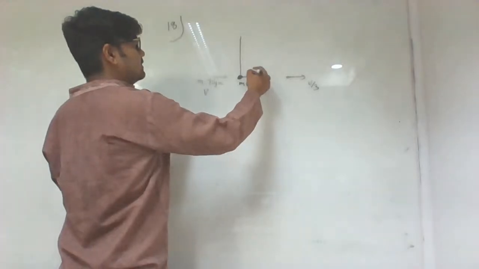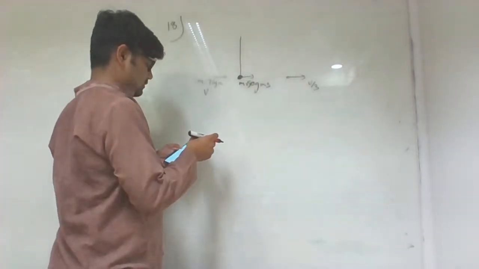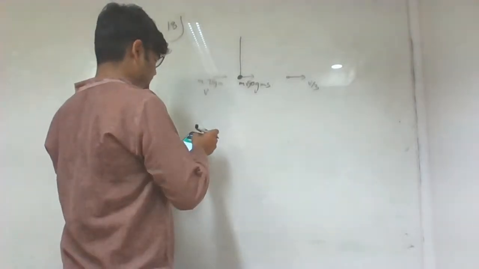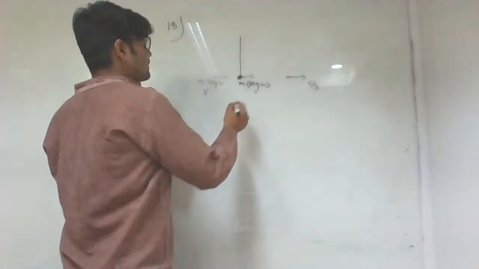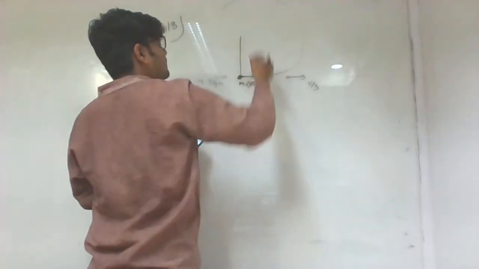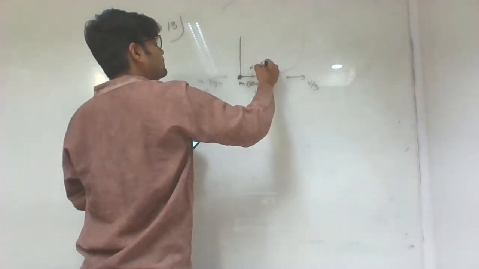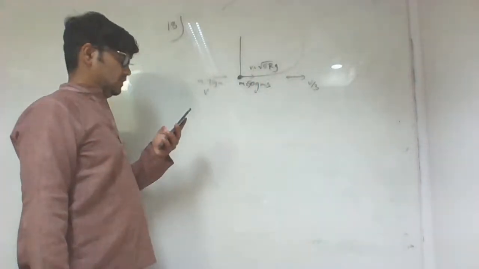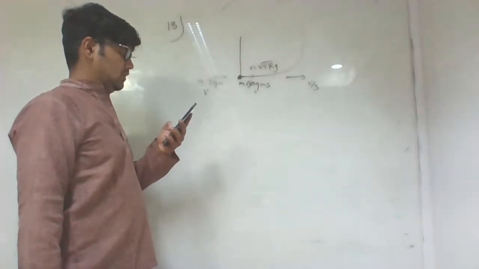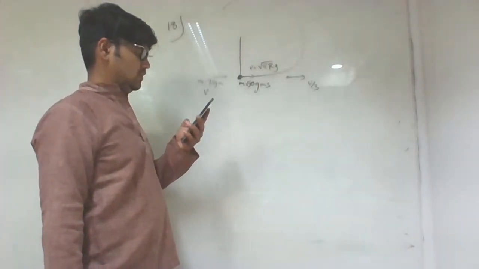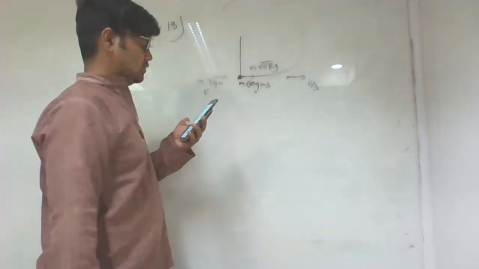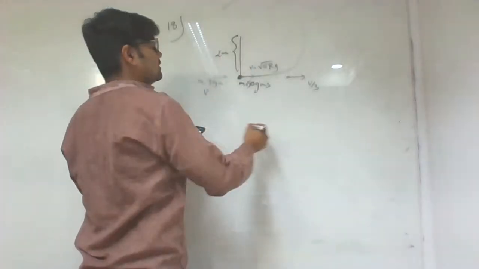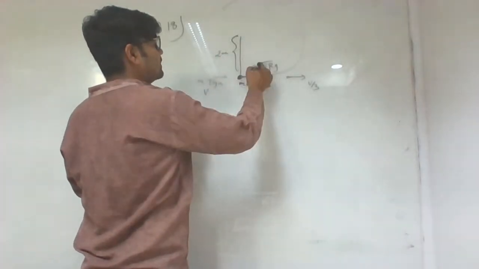Now this can complete a whole circle. So the velocity v here is root 5 r. The length of the pendulum which has been given is 2 meters. So the velocity with which it goes is v1.